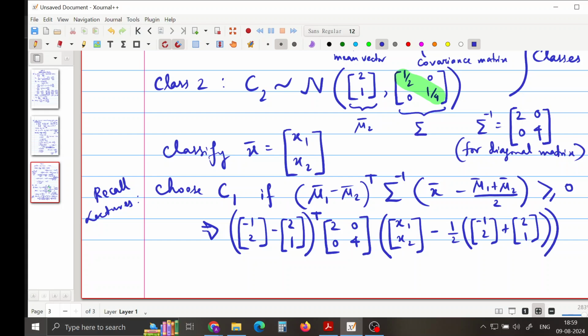This whole thing should be greater than or equal to 0, then choose C1, else you choose C2. If this is less than or equal to 0, choose C2. It means it belongs to the other class. We only have two classes, so there are only two possibilities.